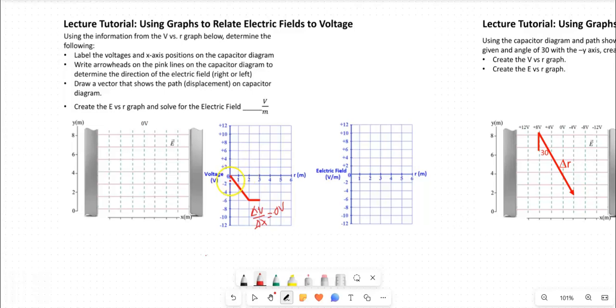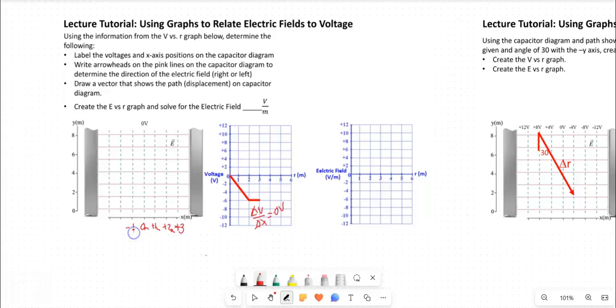So this starts out with a 0 voltage, so it's going to start out along this point in the line, and that's also the 0 place on this as well. And we're going to be moving to the right, so this is going to be positive 1 meter, positive 2 meters, and positive 3 meters right there.